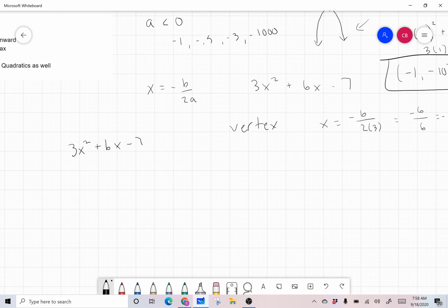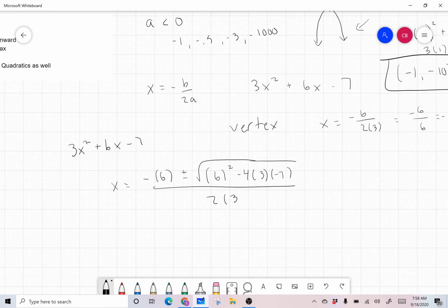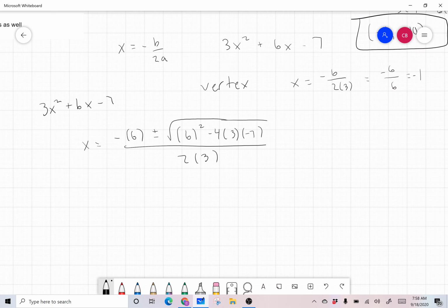You could try the quadratic formula, which is what we're going to use. x equals -b, which is -6, plus or minus the square root of 6 squared minus 4 times 3 times -7, all over 2 times 3.